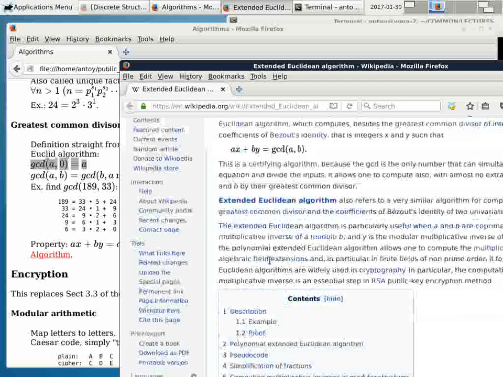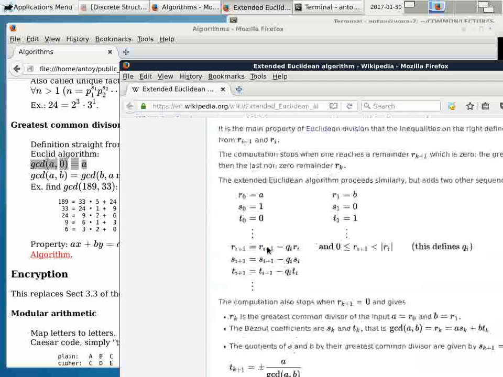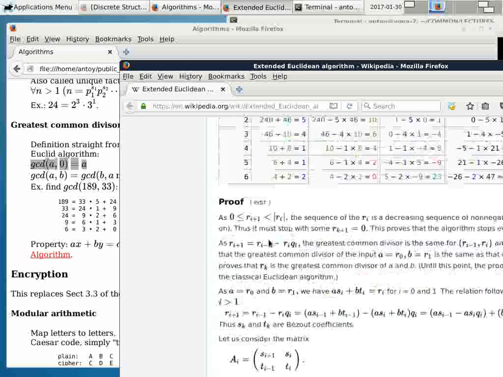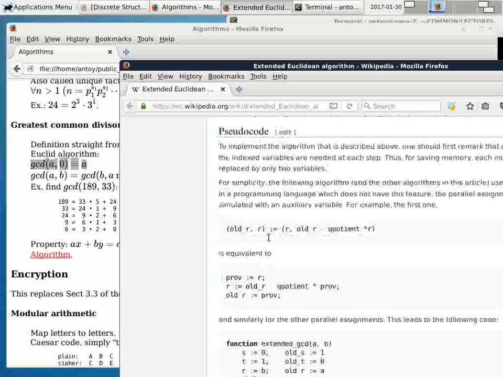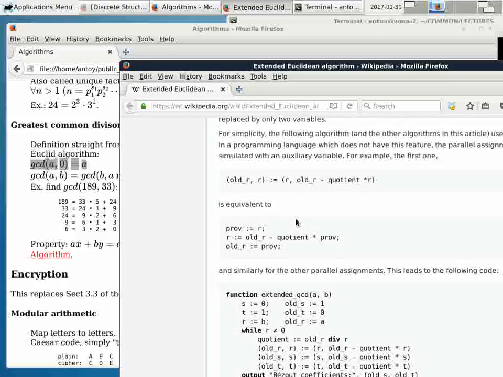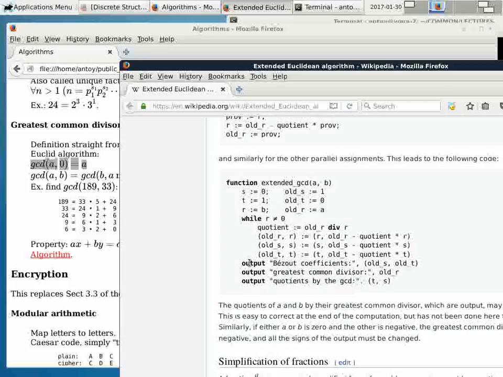And here it is, this is the algorithm in some pseudo language. All right. So far so good?